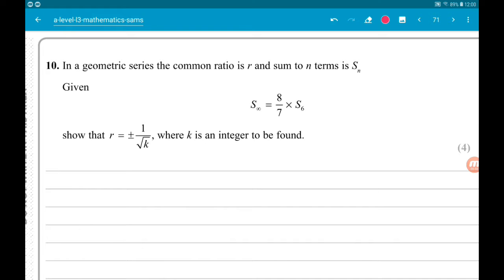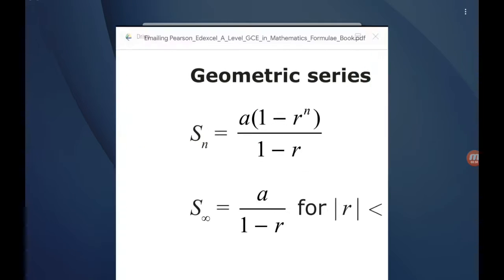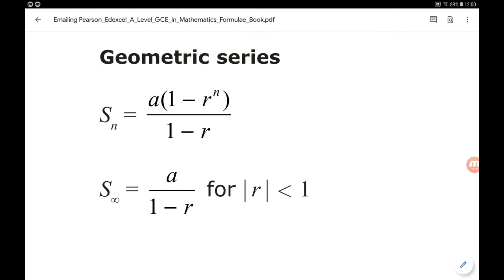Okay, so we're given the sums for geometric series, so what we're going to do is plonk these into the equation and hopefully do some magic.